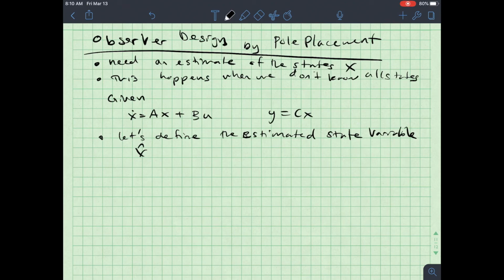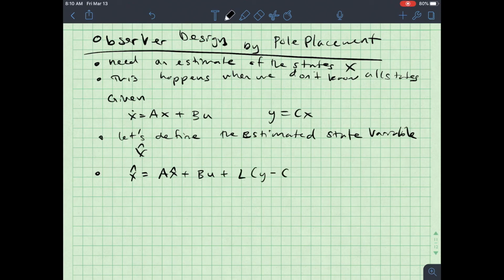So the dynamics that govern X hat are given by the following equation. It's given by X hat dot equals A X hat plus B U plus L times Y minus C X hat.